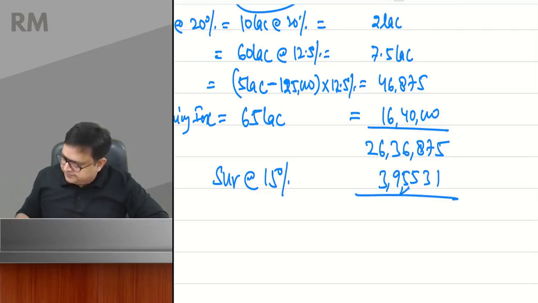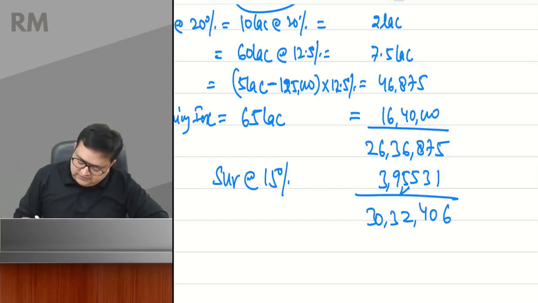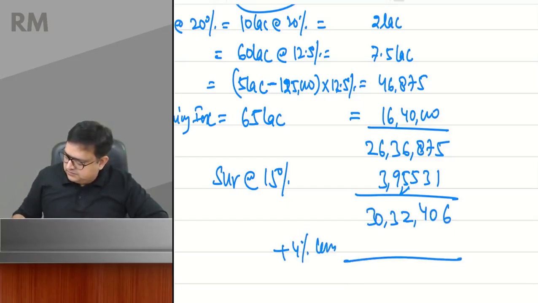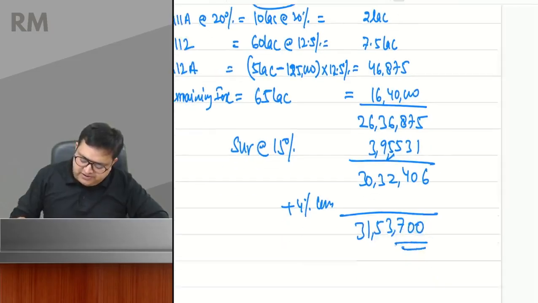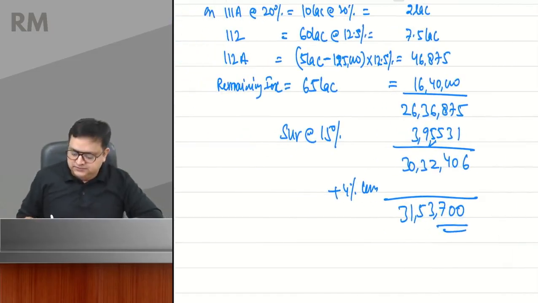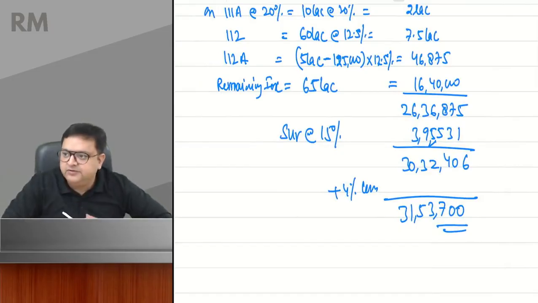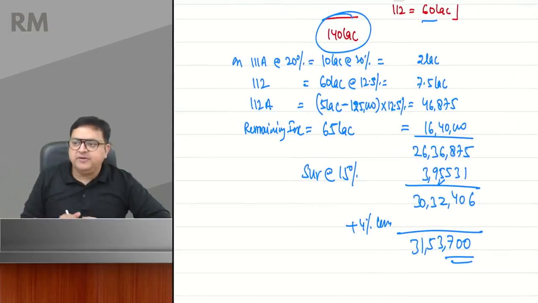Plus 4% cess, 32,406. The total is 31,53,702. I'll round off to 700: 31,53,700. Correct, Aditya. Everybody has done it or not? Everybody has done it.